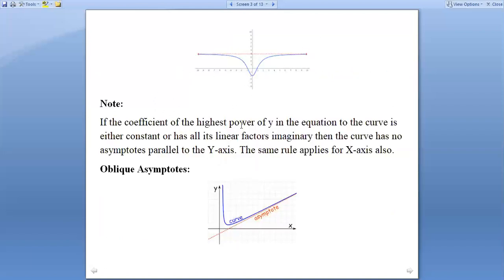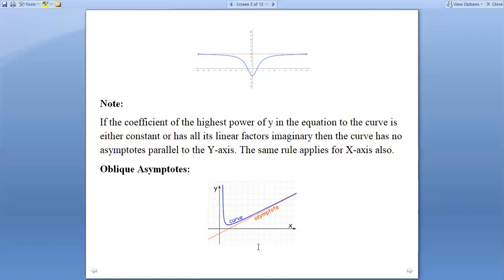If the coefficient of the highest power of y in the equation of the curve is either a constant or has all its linear factors imaginary, then the curve has no asymptotes parallel to the y-axis. The same rule applies to the x-axis also. So if the coefficient of the highest power of x or y is either a constant or imaginary, then it has no asymptotes parallel to that axis.